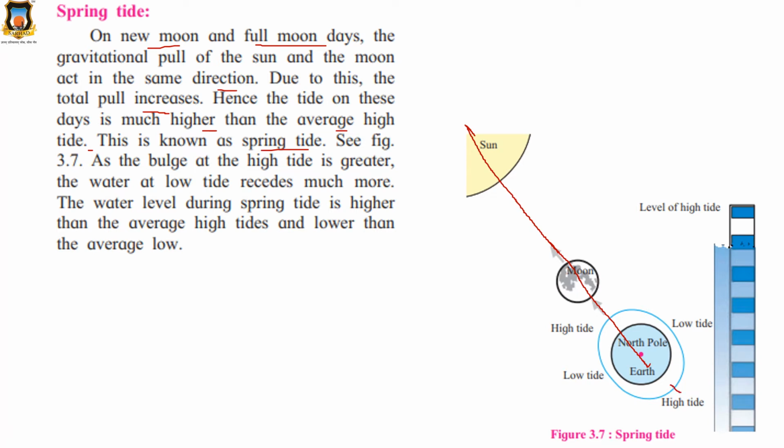This is the bulge you can see over here. Can you see this bulge? The bulge on the high tide is greater. The water at low tide recedes much, and where they experience low tide, the water is very less, and here they can experience more water, where there is a bulge. This is a bulge. I will write over here. B-U-L-G-E.